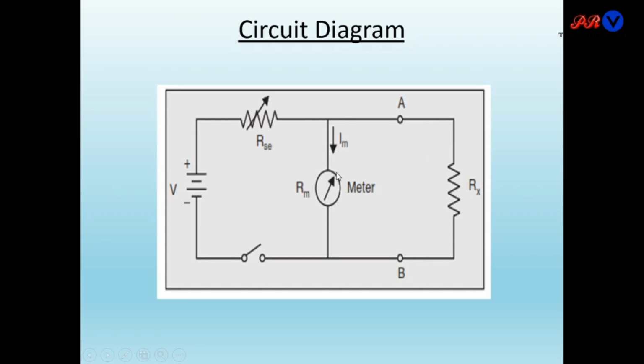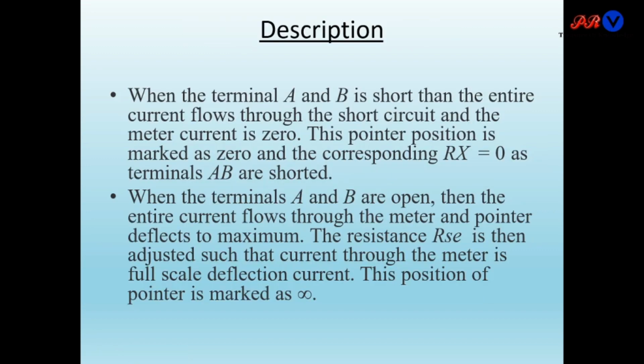No current will go through this meter, and the meter current is now 0. This pointer position is marked as 0 and the corresponding Rx is equal to 0 as terminals AB are shorted.